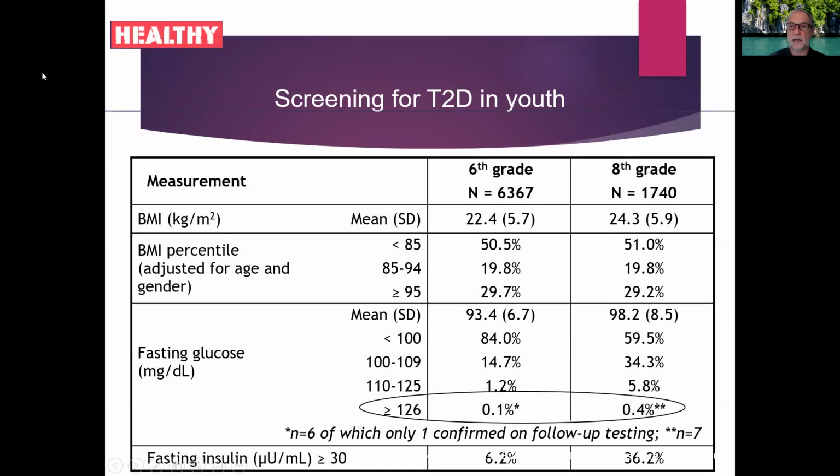These individuals had screening for type 2 diabetes in the 6th grade and in the 8th grade. And what we see is that based on fasting glucose, there is almost no undiagnosed diabetes in these kids, even though they are at very high risk. The same was true for 2-hour glucose, although a substantial amount of impaired glucose tolerance was identified in this study.